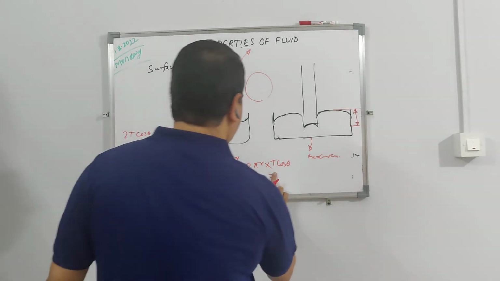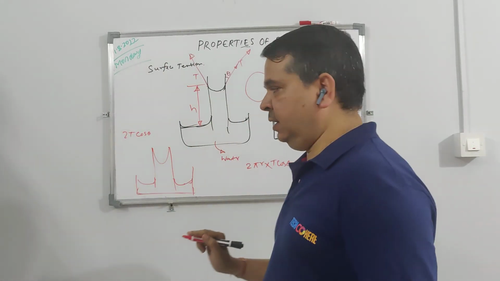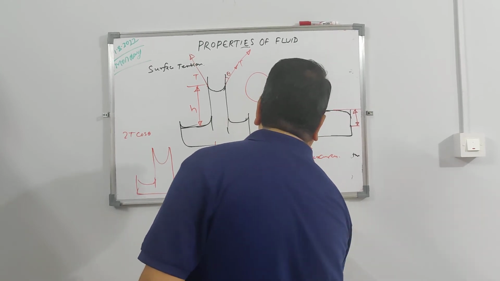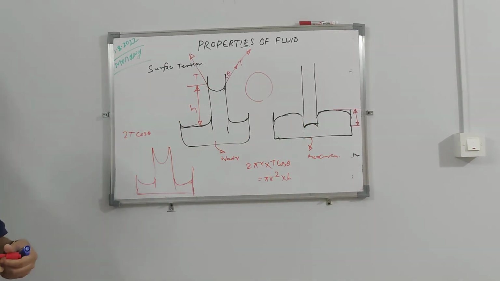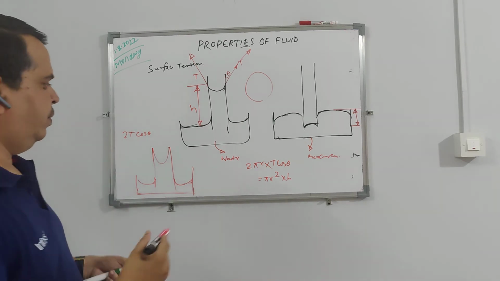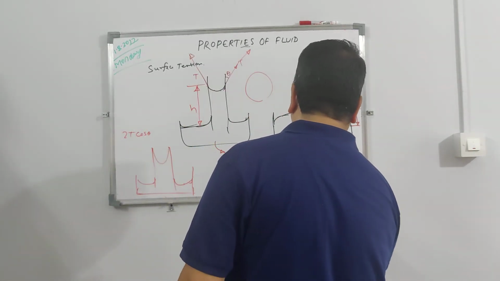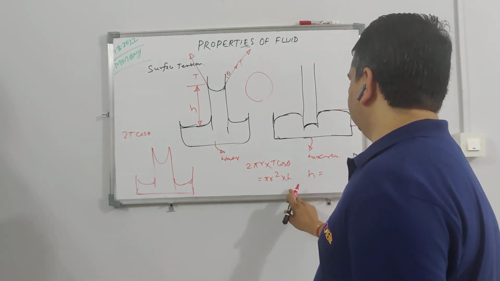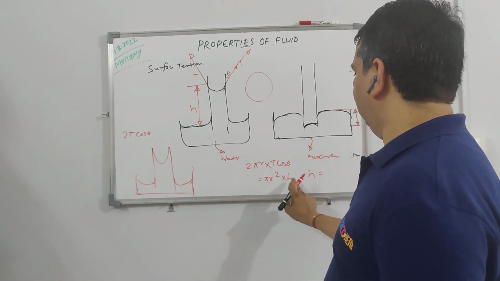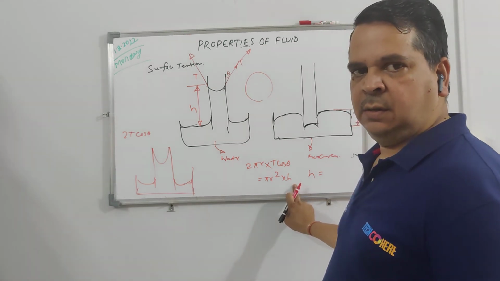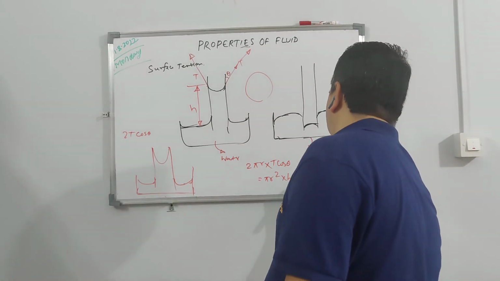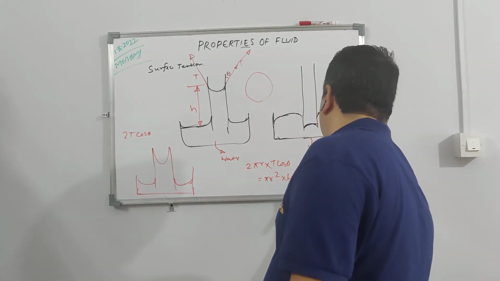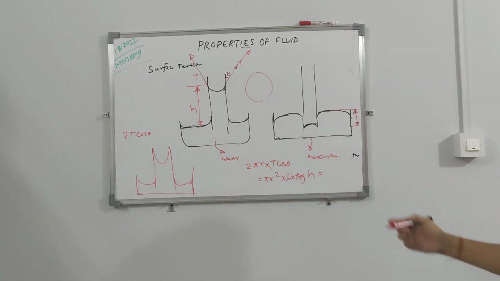So let us say H is capillary rise. The volume will be pi r square into H. I want to find out what my H is. Pi r square into H is volume, so I have to multiply it by density into g, since mass is volume into density, and weight is mass into g.